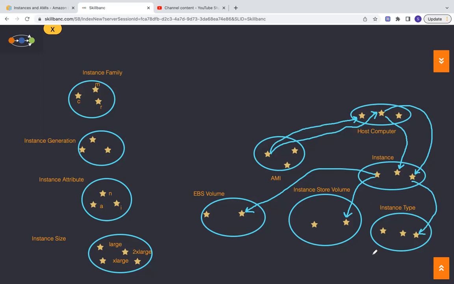And when you combine all these things, you get your instance type. So for example, we say C5N extra large.